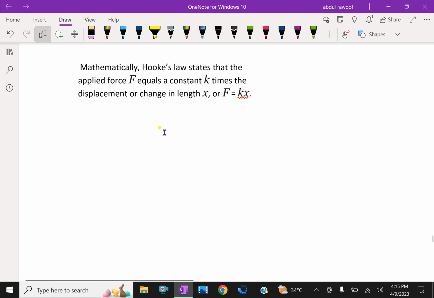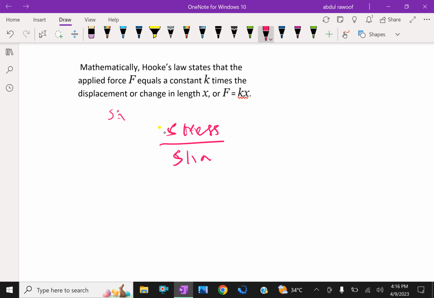Therefore, we can write stress by strain equal to constant.